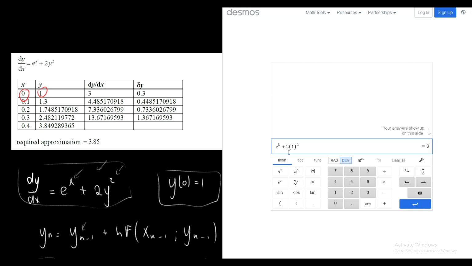It would then be 0.1 and 1.3. Hell nah, we don't get it. Oh, sorry, it's a square. Excuse me. Okay, square. So we get the next one, and I can just continue doing this.